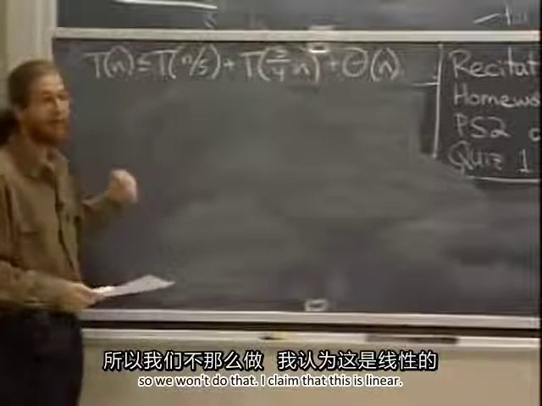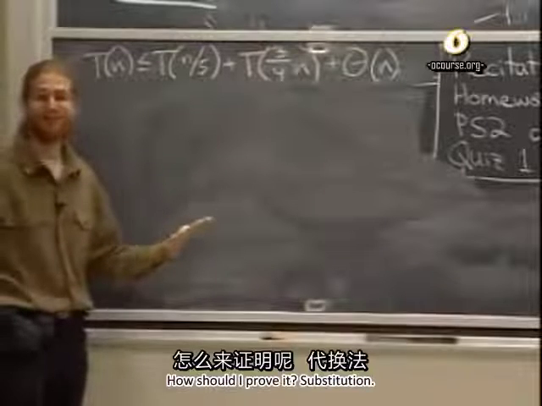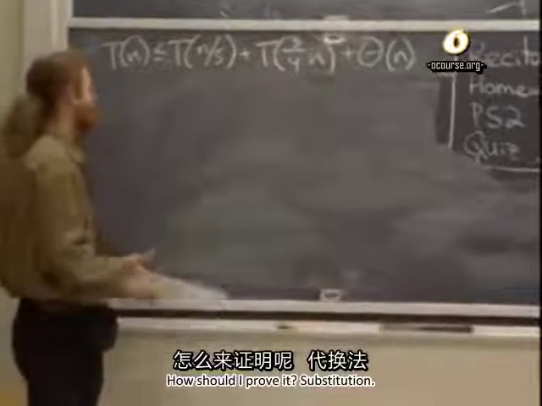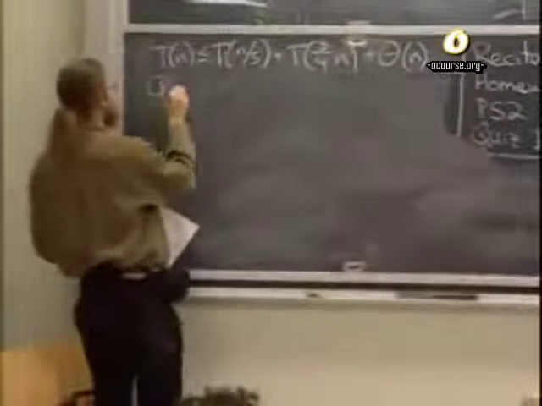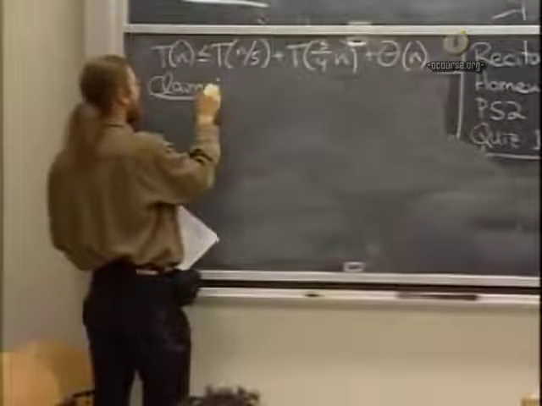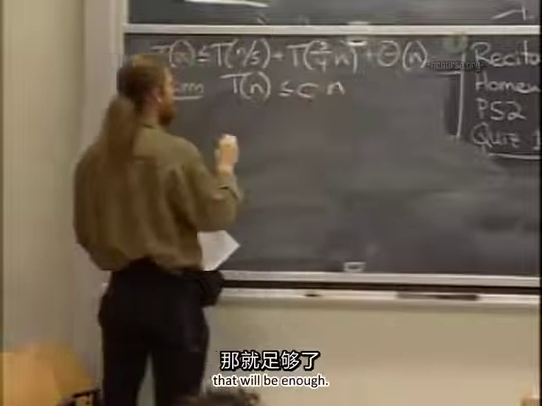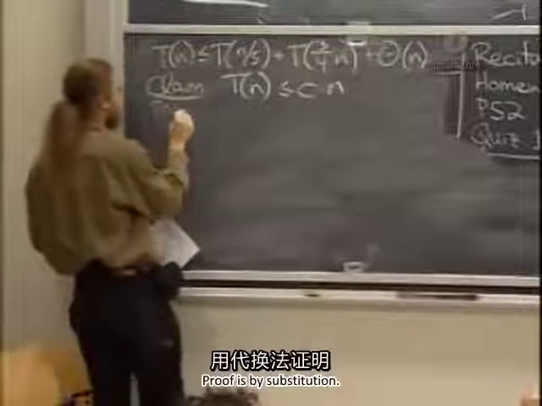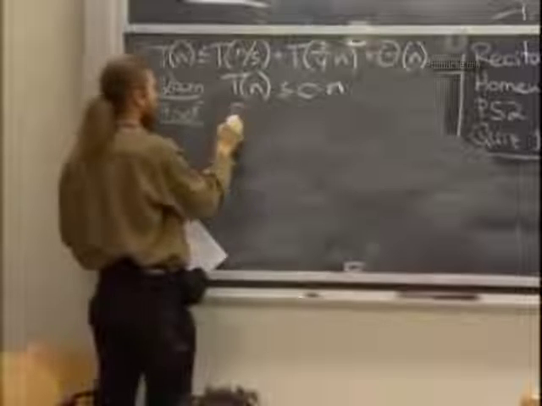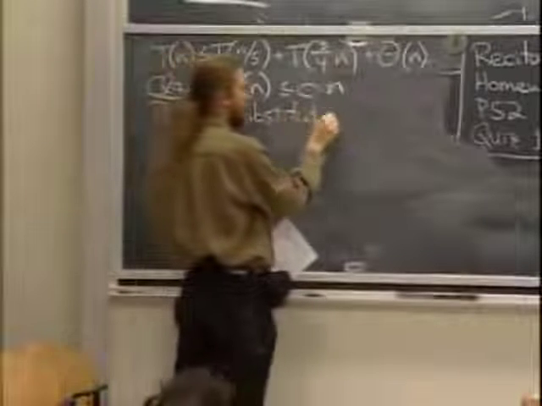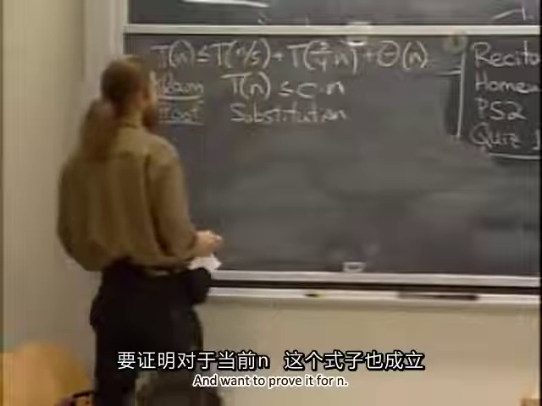So I claim that this is linear. How should I prove it? Substitution, yeah. Claim that T of n is at most, again, C times n. That will be enough. Proof is by substitution. So again, we assume that this is true for smaller n, and we want to prove it for n.